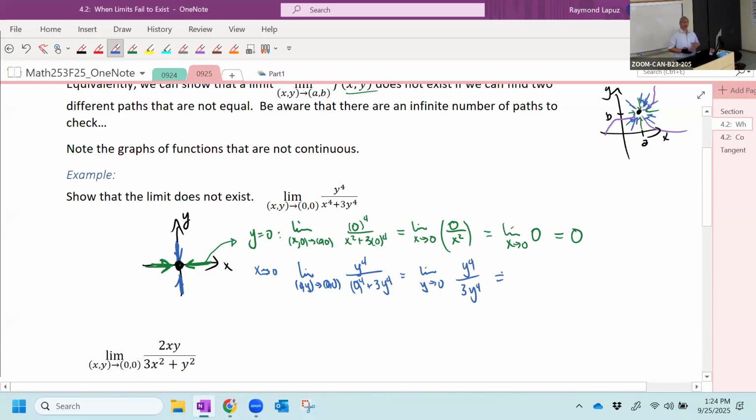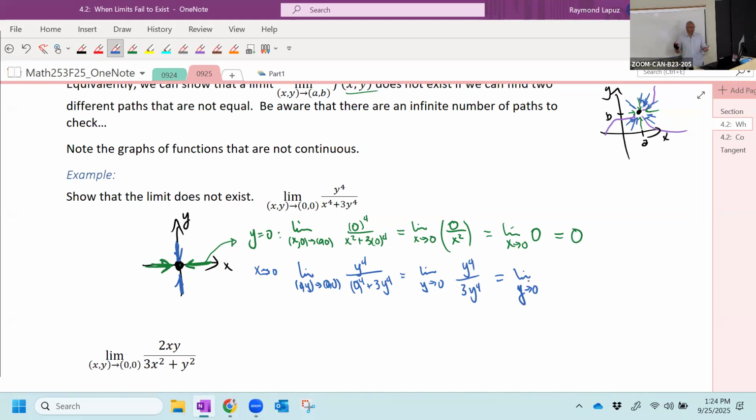And again, before I take the limit, I can simplify that, right? The y's go away, and I just have 1/3.